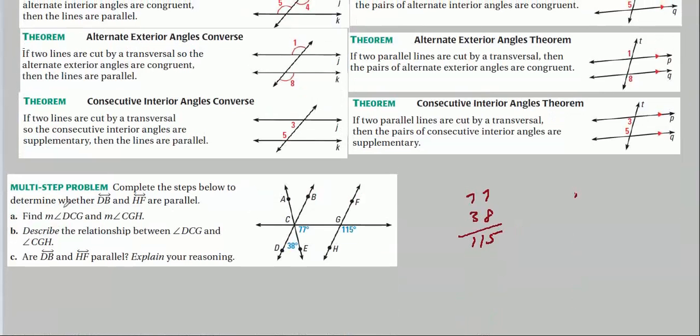Angle DCG, that's 115. What about CGH? That's this one here. Well, these two form a linear pair. Maybe that's why they're doing it this way, because they don't have a letter out here in order to define this angle.